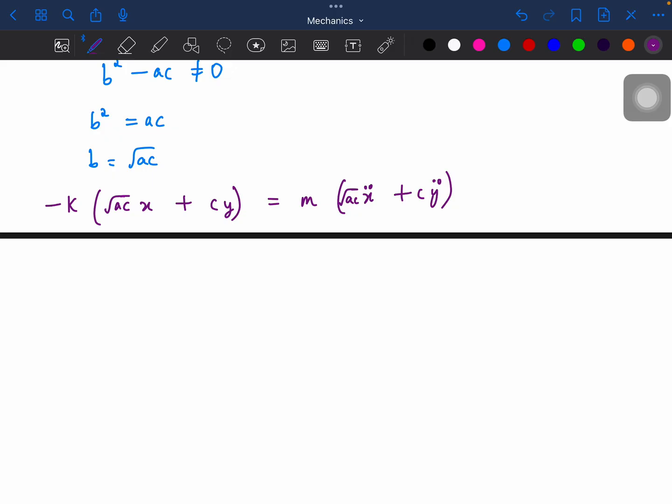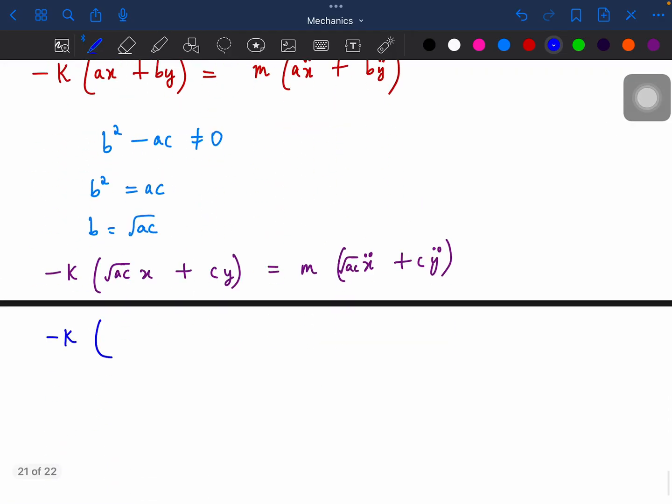That's fine. So the next equation, again, I'm writing it as minus K into (A x plus root AC y) is equal to M times (A x double dot plus root AC y double dot).